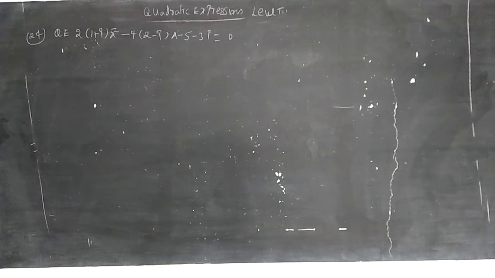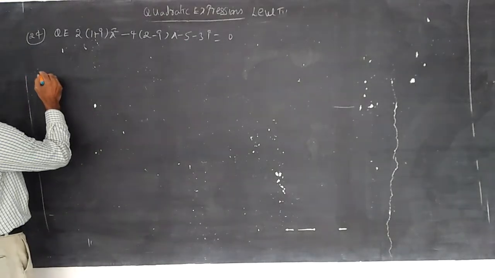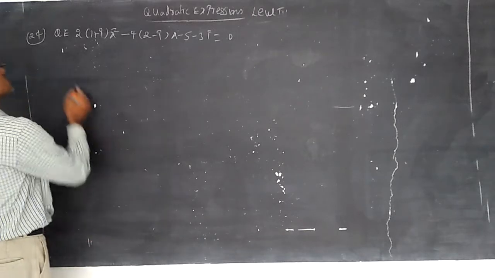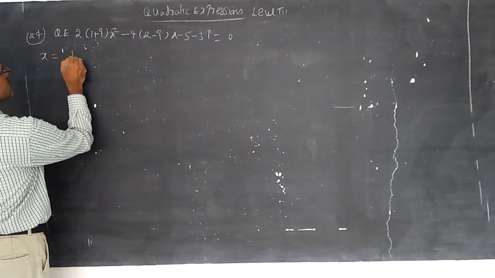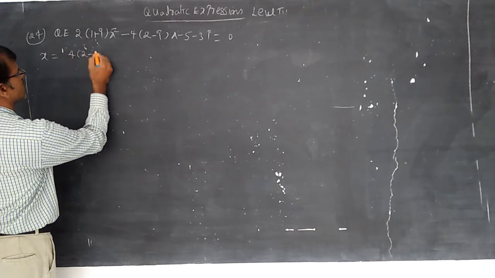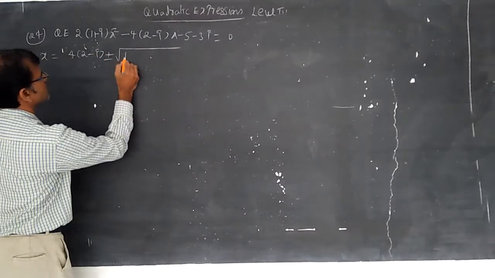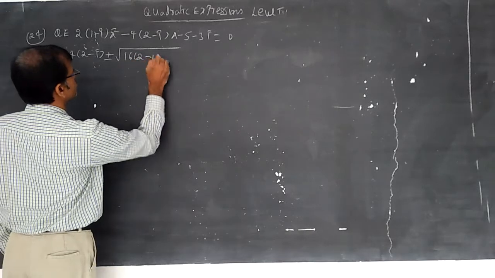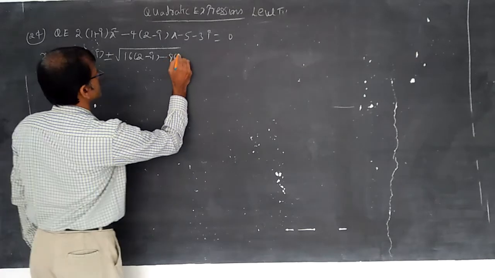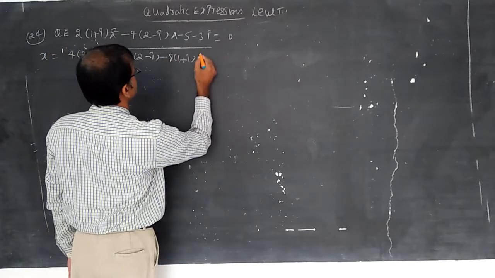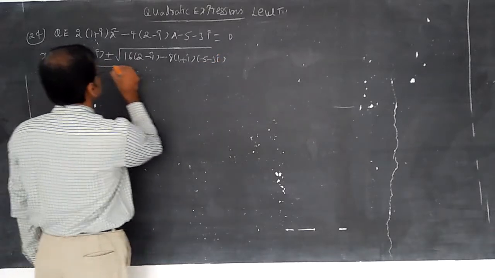In a quadratic equation with complex coefficients, we should consider the roots, and after getting the roots, we should get the modulus. x is equal to, use the formula, minus b plus or minus root of b square minus 4ac, whole by 2a.